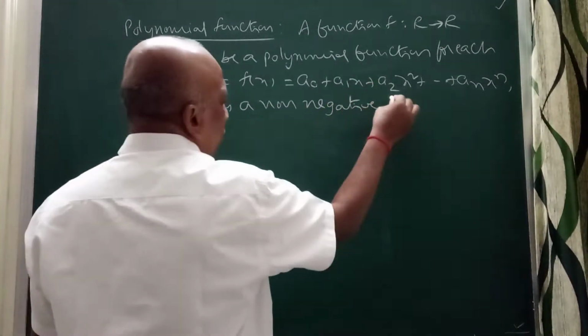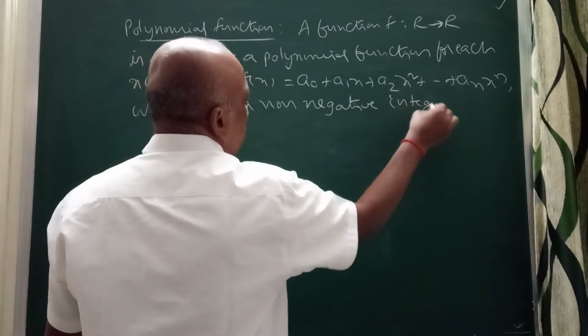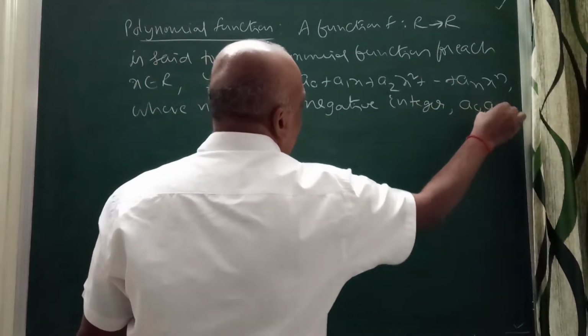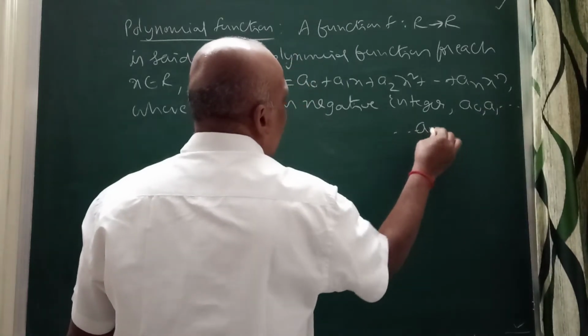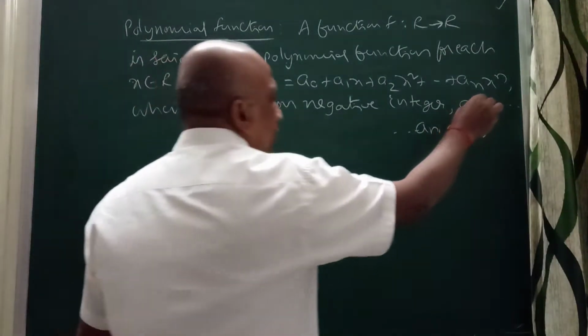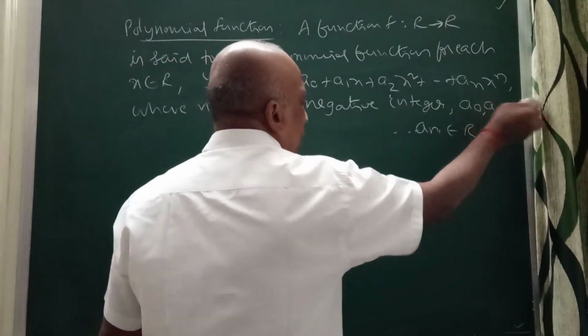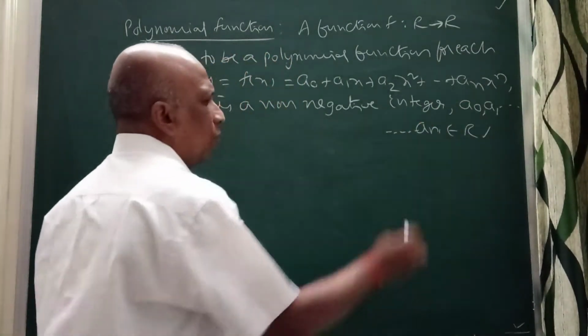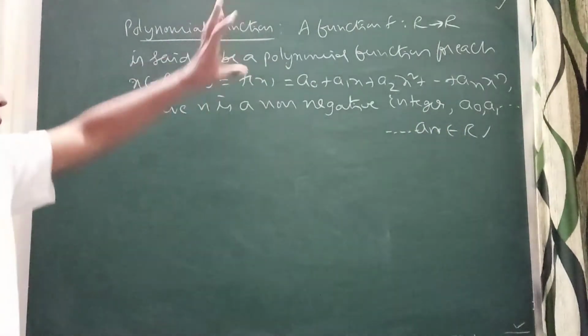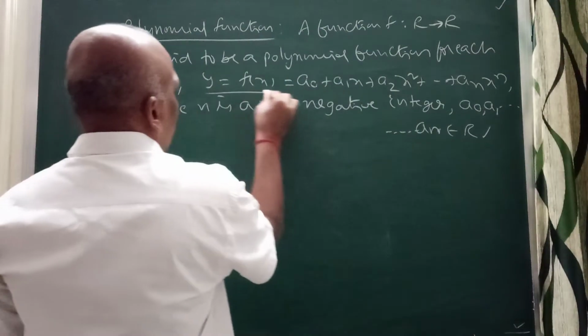And all the coefficients a0, a1 and so on, an belong to R. This is called a polynomial function. This is the expression.